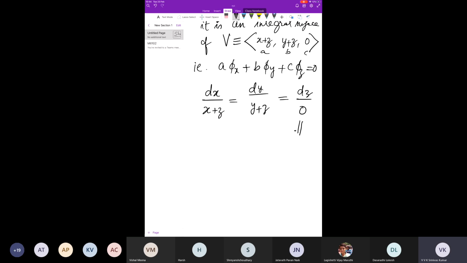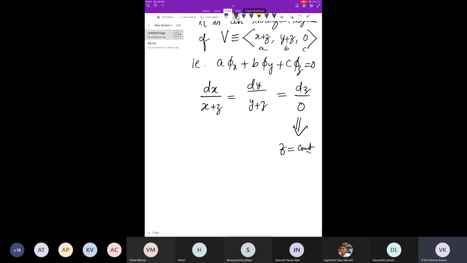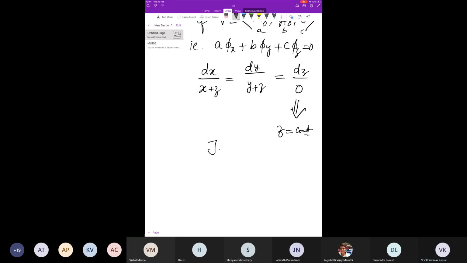From this expression, what we can conclude is that z is equal to a constant. So take phi of xyz as z itself.